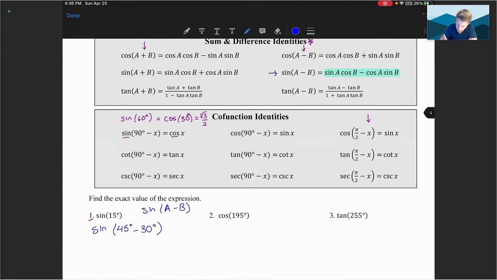This is going to be the sine of A, which is 45, cosine of B, which is 30, minus the cosine of A, which is 45, and then the sine of B, which is 30.